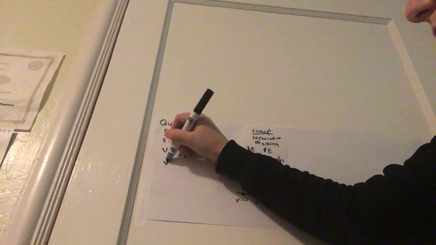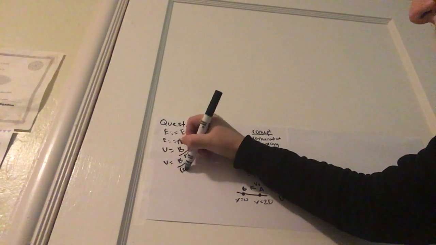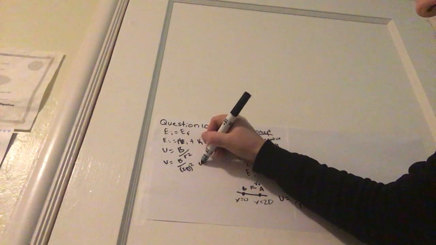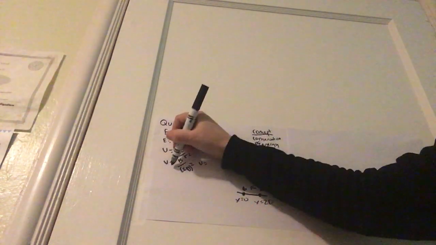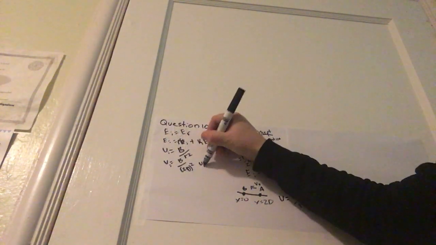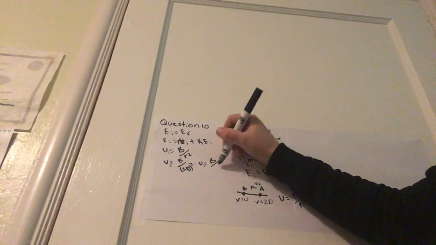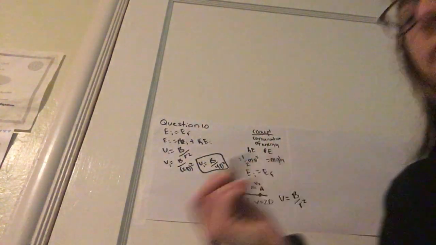So U is equal to beta over 2d squared. And so the initial potential energy, which I'll mark with an i, is going to be equal to beta over 4d squared. I'm going to circle that and remember it when we plug everything in.